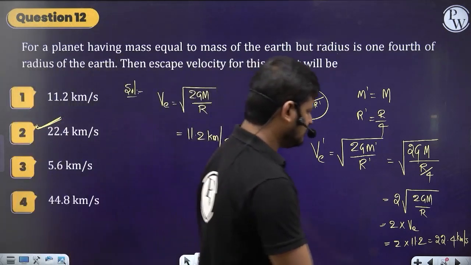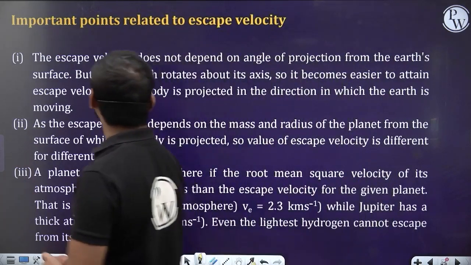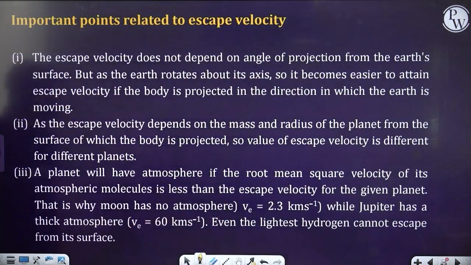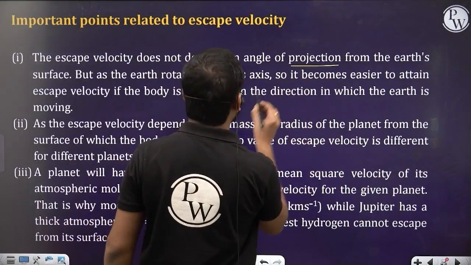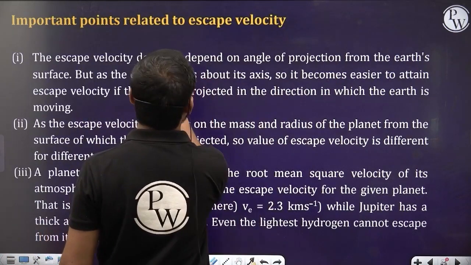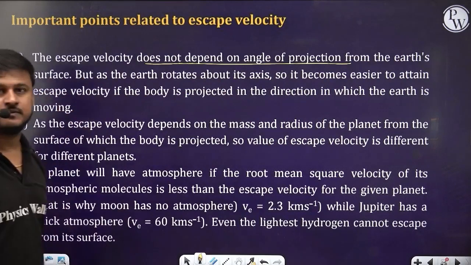So let's move further. Some important points related to the escape velocity. Just read them. The escape velocity does not depend on the angle of projection from the Earth's surface, guys.